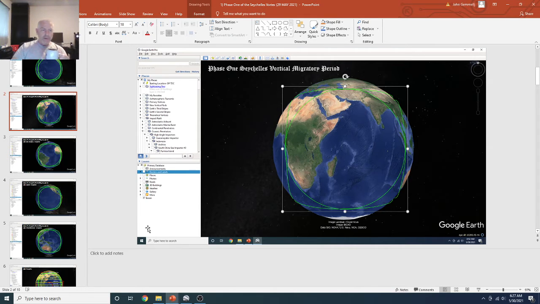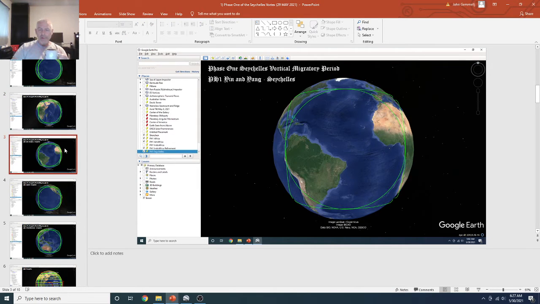Now we go to the next one here, and basically I'm going toward my left, westward, and as I do, I place the next vortex over here in alignment with the Seychelles Vortex we have over here on the east side in this view. This is what I call the yin and yang Seychelles vortical mapping.